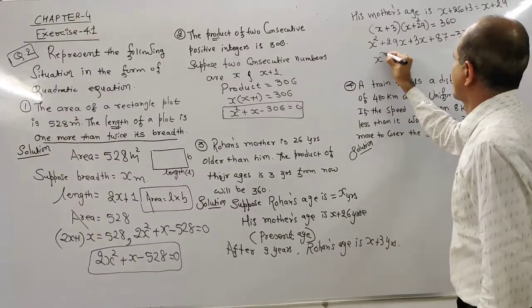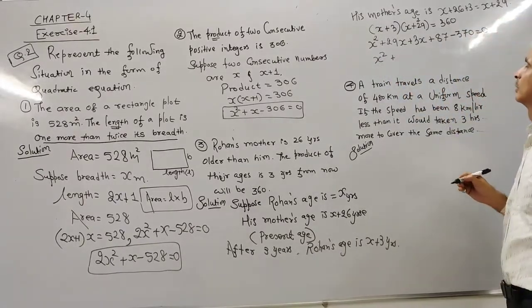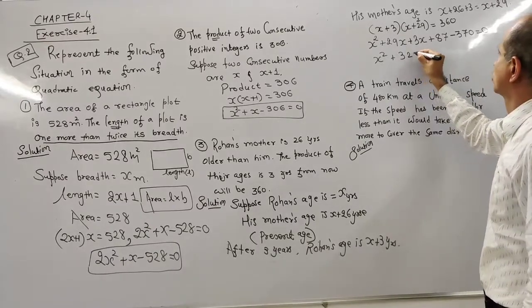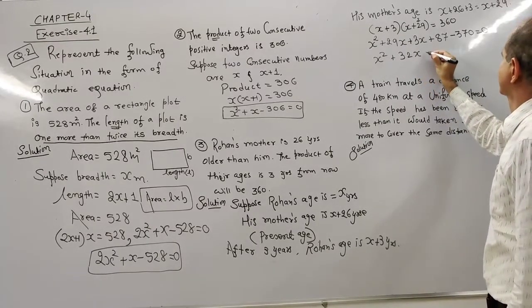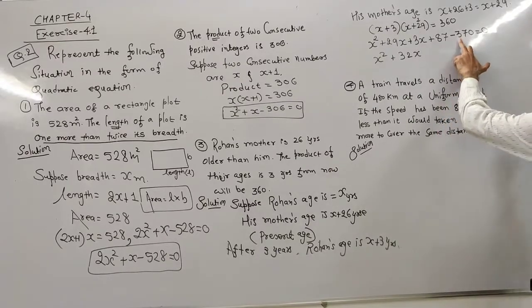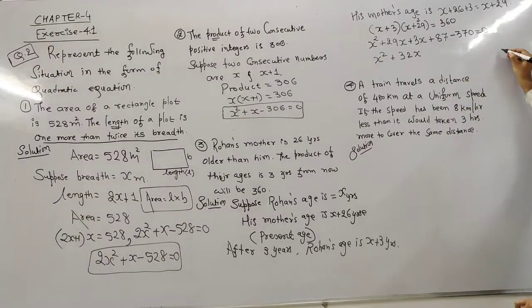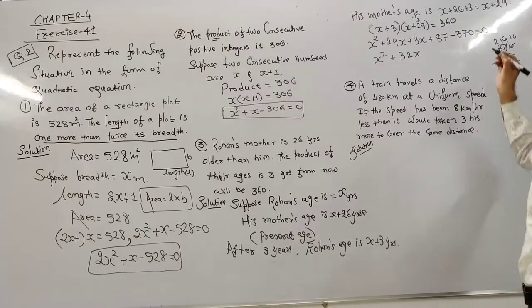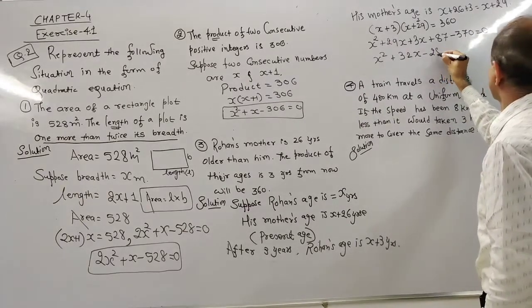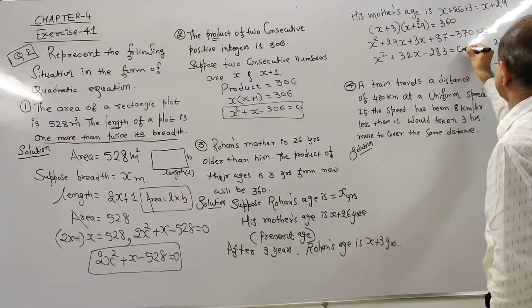So x square plus 29 plus 3 means 32x, and 360 minus 87 is 273, so minus 273 is equal to 0.